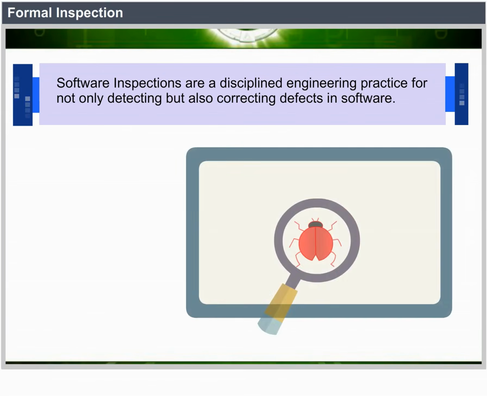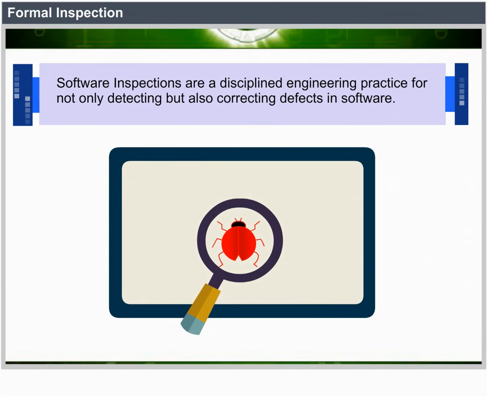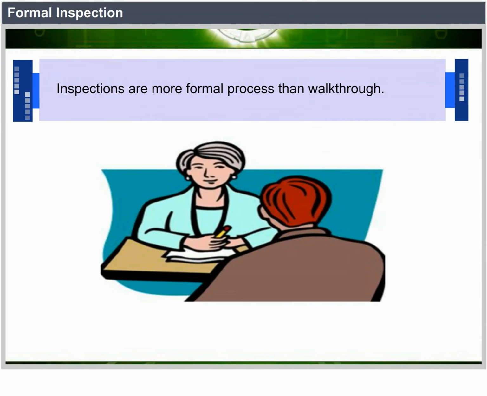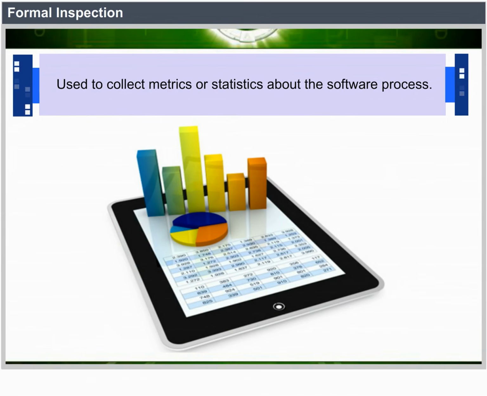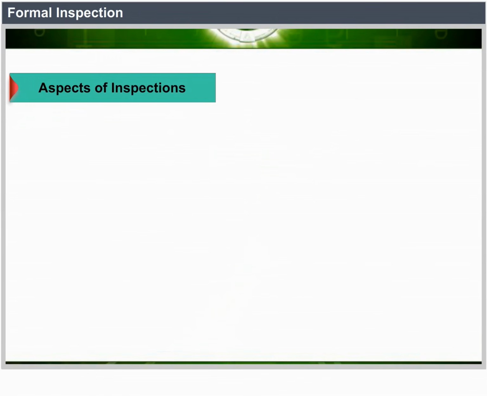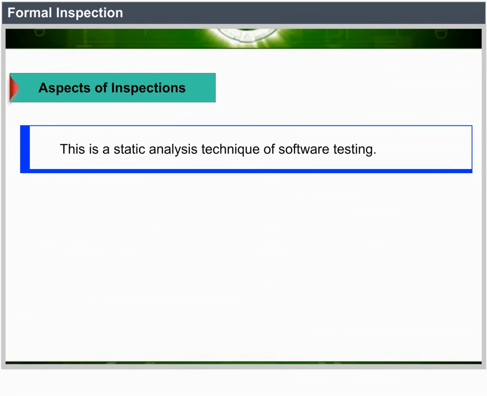Formal inspection. Software inspections are a disciplined engineering practice for detecting and correcting defects in software. Inspections are a more formal process than walkthroughs, used to collect metrics or statistics about the software process. What do inspections cover? This is a static analysis technique of software testing.